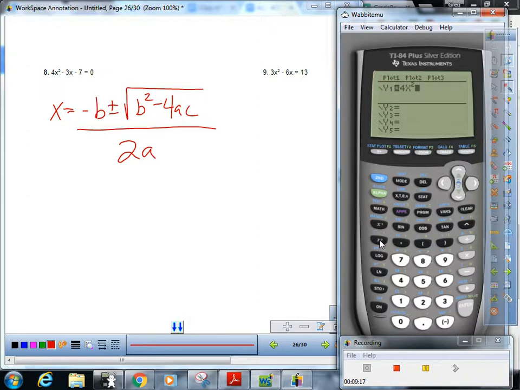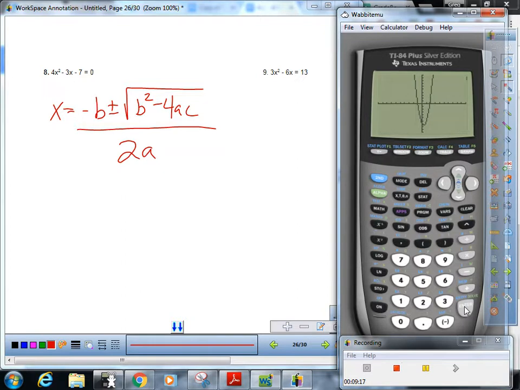Okay? So, y equals 4x squared minus 3x minus 7. Graph it. These answers should be funky. Okay? So we've got to use our calculate zero function. Get your water bug to the left. Hit enter. Get your water bug to the right. Hit enter. Take a guess in between. Yes, please. Oh, no way.